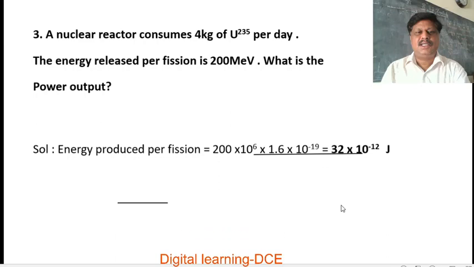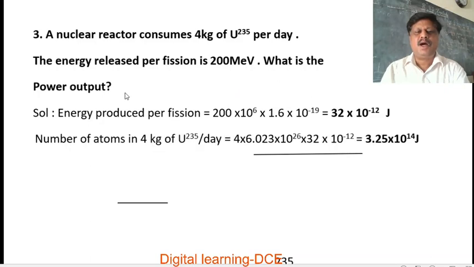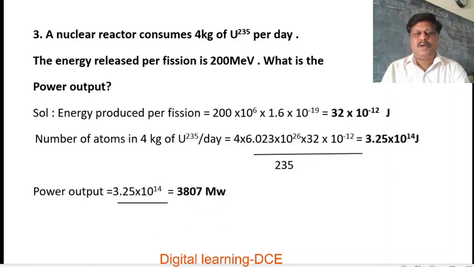The next problem: a nuclear reactor consumes 4 kg of uranium-235 per day. The energy released per fission is 200 MeV. What is the power output? Again, energy produced per fission is 32 into 10 power minus 12 joule. So, number of atoms in 4 kg of uranium-235 per day is equal to 4 into 6.023 into 10 power 26 into 32 into 10 power minus 12 over 235, which gives 3.25 into 10 power 14 joule per day.